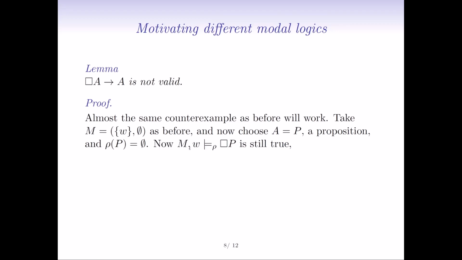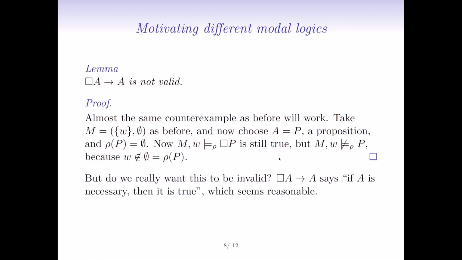So W still satisfies box P, because P is true at all the worlds accessible from W, because there are no worlds accessible from W. So just for a kind of empty reason, W satisfies box P. But now, obviously, W does not satisfy P because W is not in the valuation of P, because we've chosen the valuation to be the empty set.